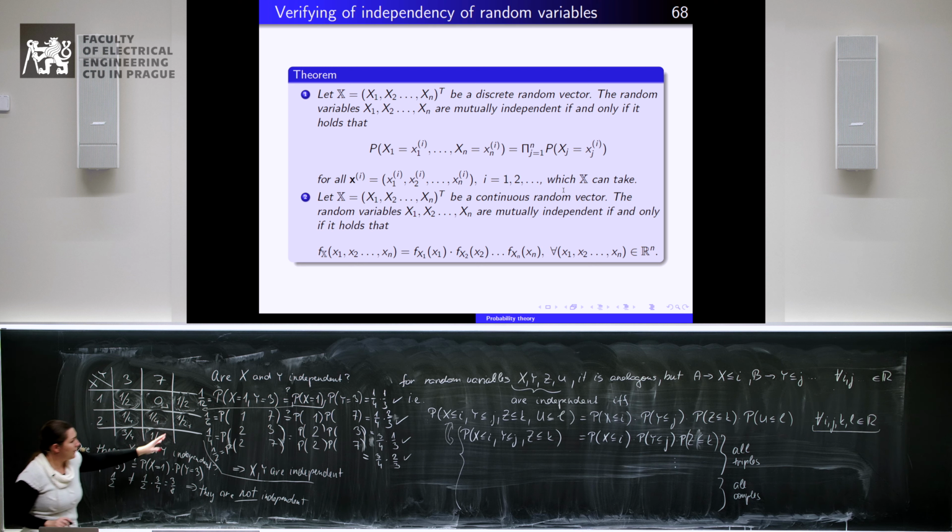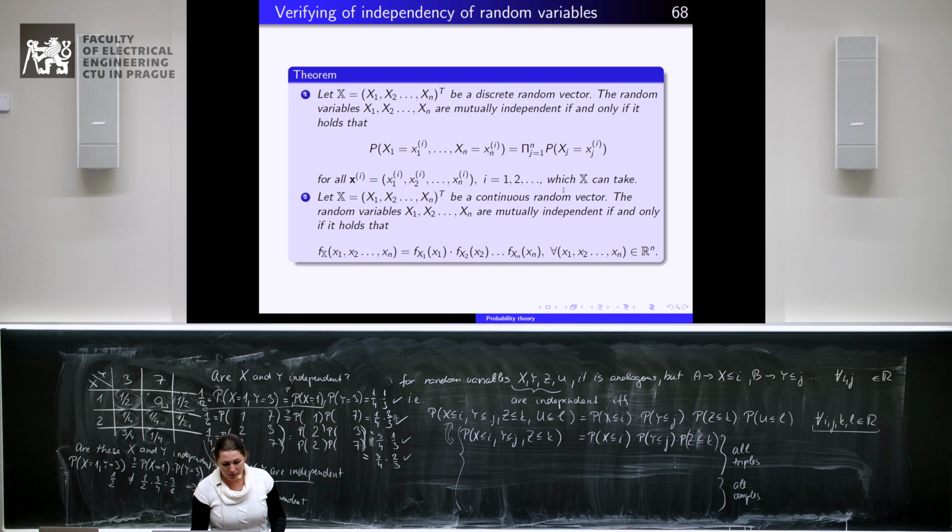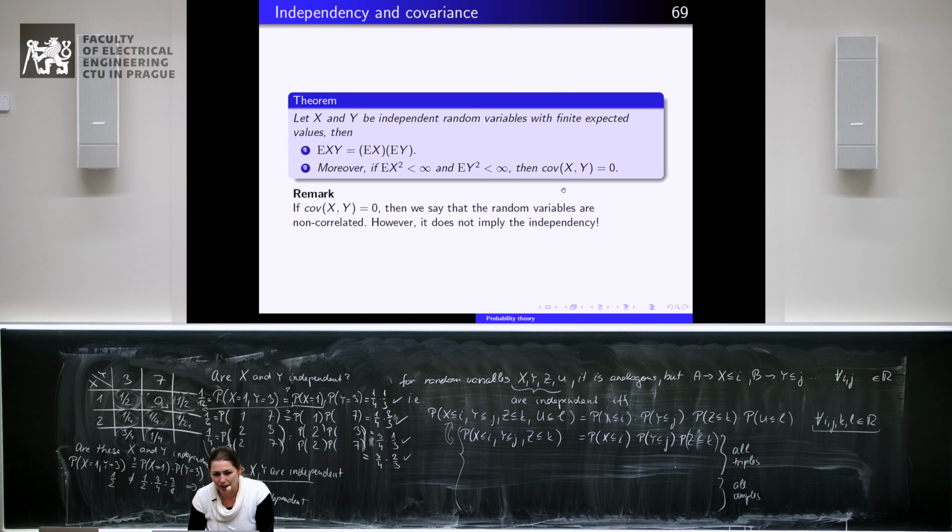So if it is satisfied for all combinations, they are independent. If there exists at least one combination for which the joint probability is not equal to the product of marginal probabilities, they are not independent. Similarly, we can verify the continuous case. We will do it at the exercise, so I will skip it now.